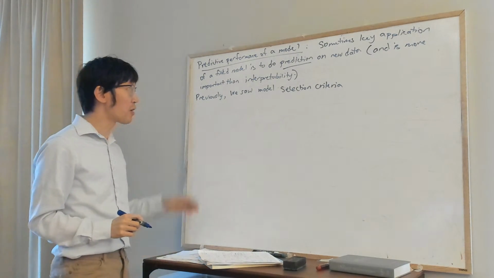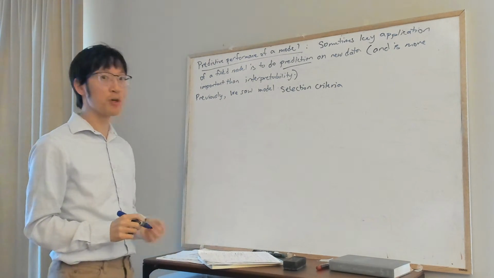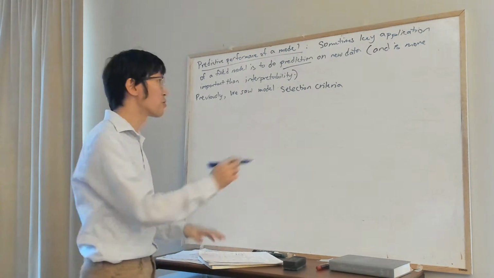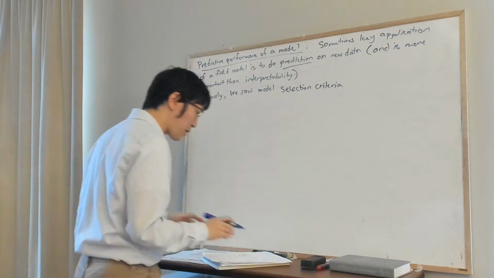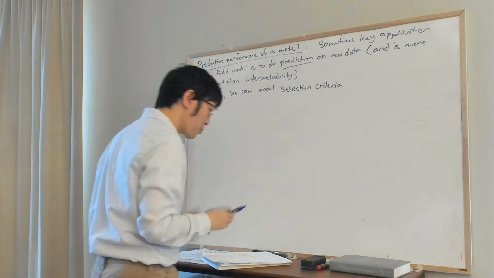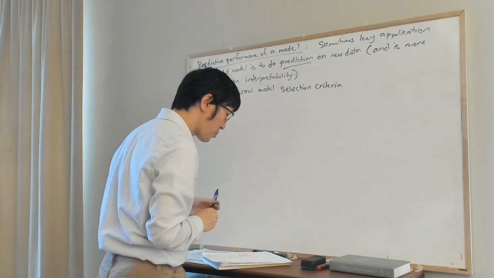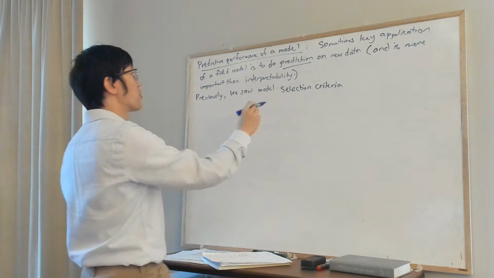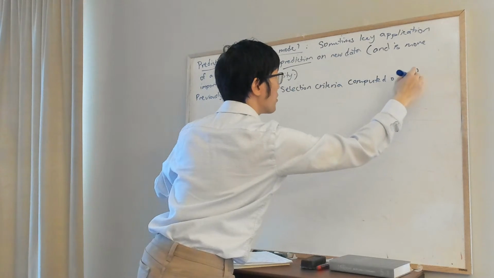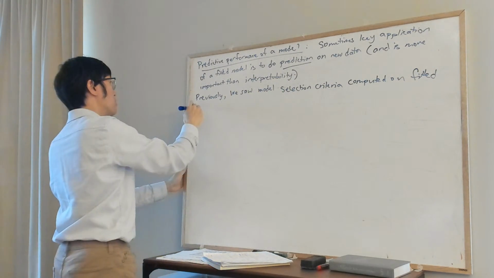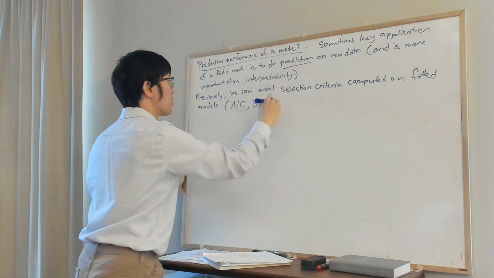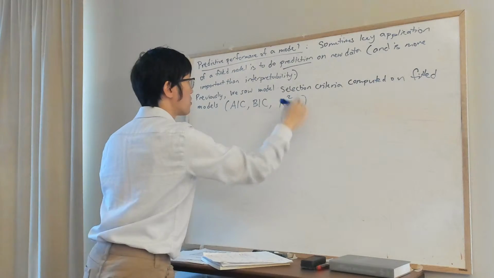These are calculated on our fitted model. We fit the model and then we compute a statistic based on the fitted model. Let's remind ourselves of that and then explain how, when we prioritize predictive performance, we might want to use a somewhat different metric.